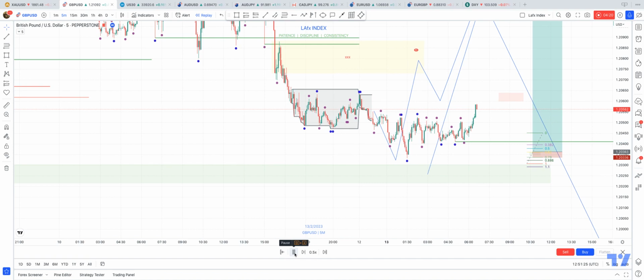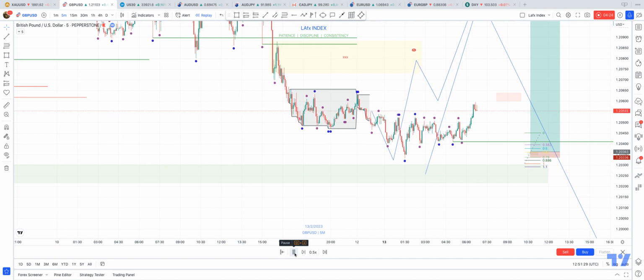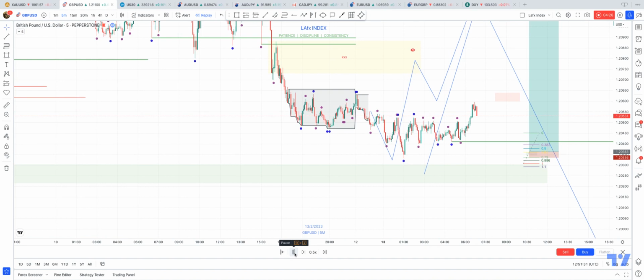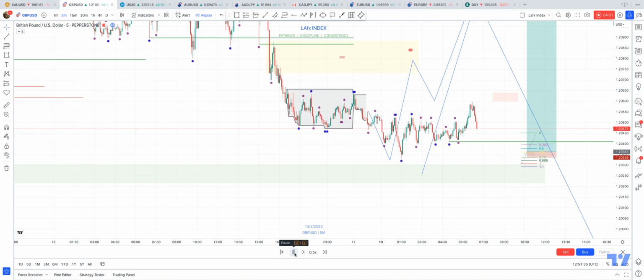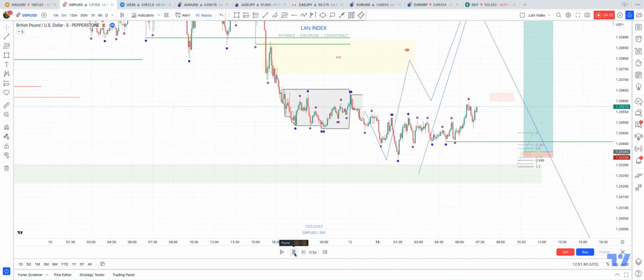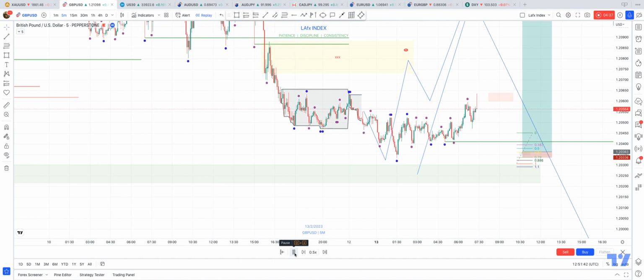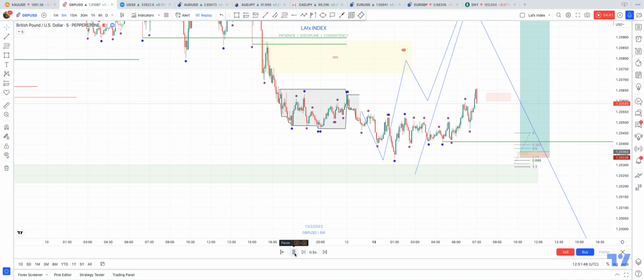Okay, now there's a sweep. So let's wait for price. Like I told you earlier in my other videos, we enter with order flow, right? Price still hasn't gotten into our demand zone yet. So it's a waiting game.